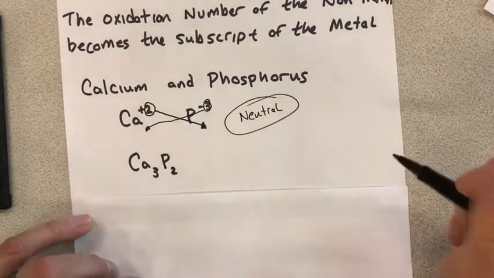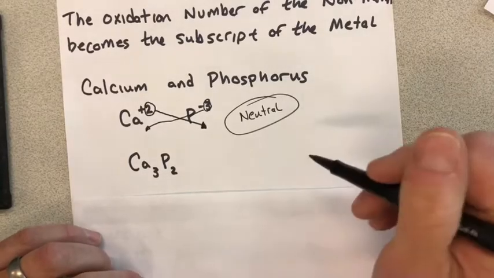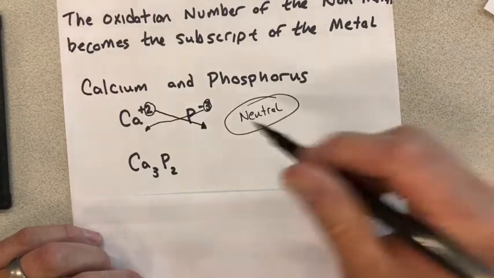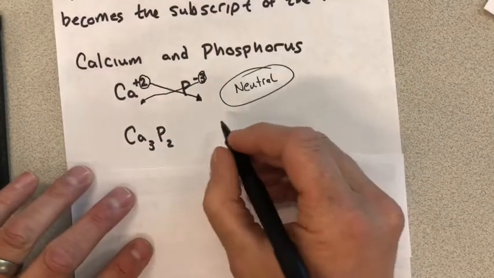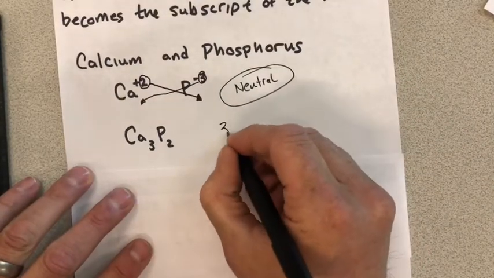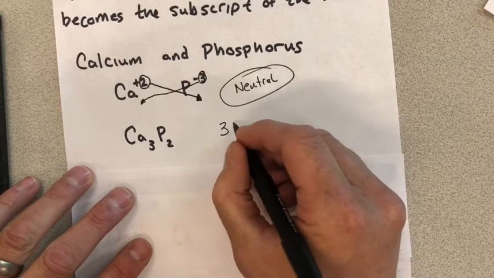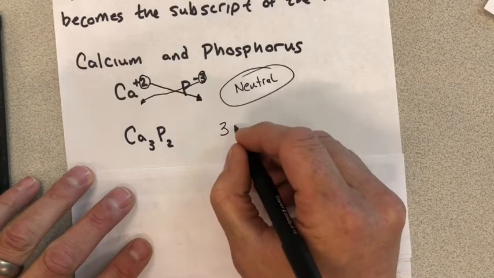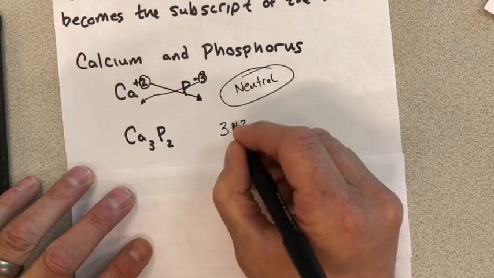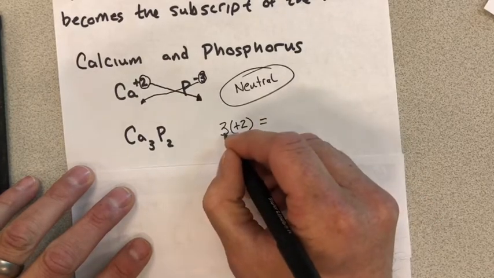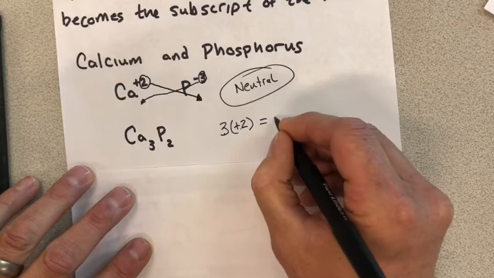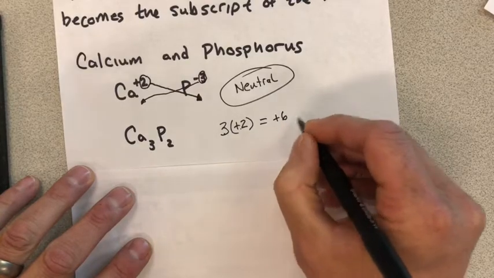Neutral is good when we're talking about compounds. Neutral is not so good when we're talking about atoms, remember that. But here's why it becomes neutral. If we take our 3 calciums that each have a charge of +2, and multiply the number of calcium atoms by the charge, we get a +6, right?